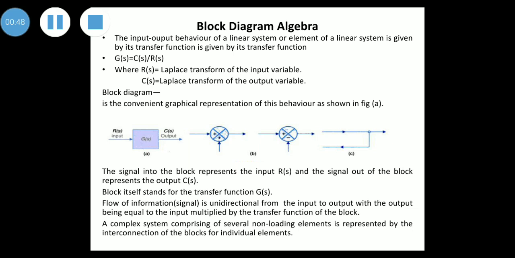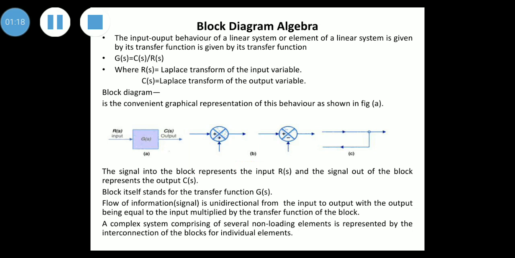Then we'll see what a block diagram is. It is a convenient graphical representation of this behavior. The signal into the block represents the input R(s) and the signal out of the block represents the output C(s), while the block itself stands for the transfer function G(s).